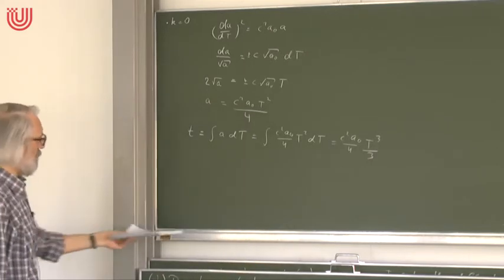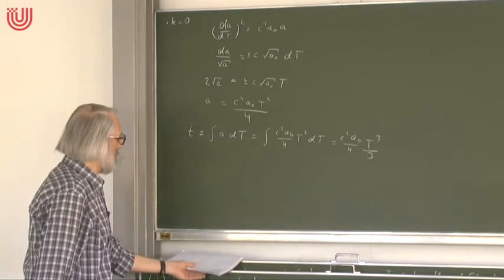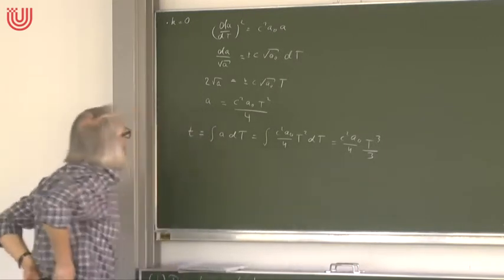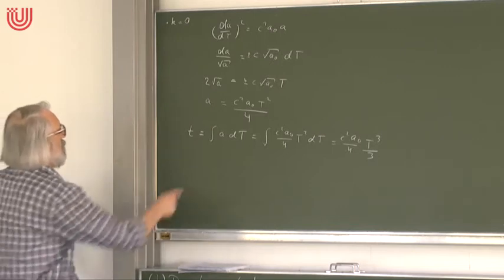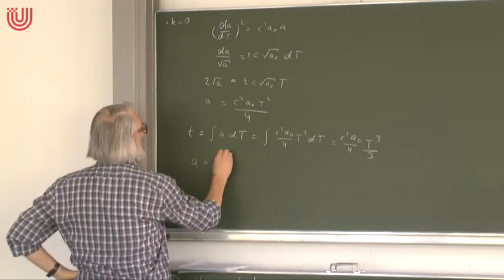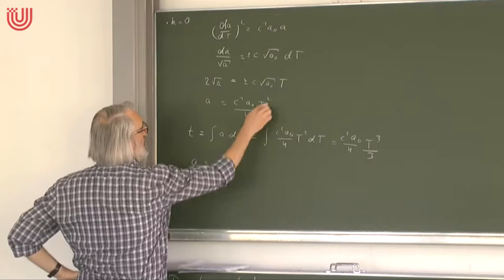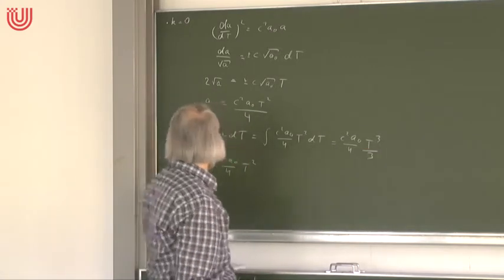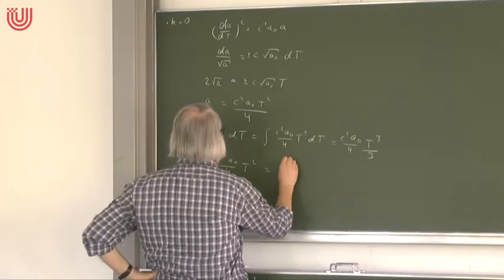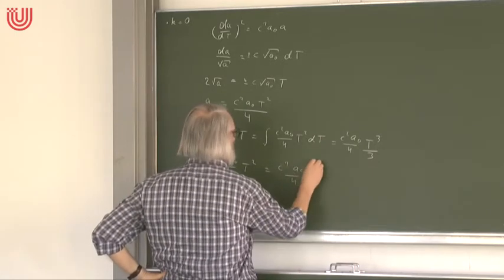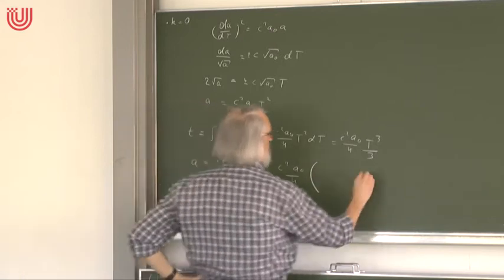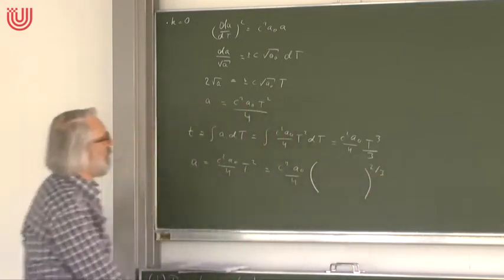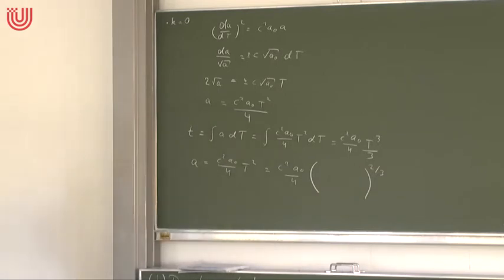And now I can express the scale factor in terms of the little t. I have it here in terms of the capital T. It is c squared a naught over 4 T squared. And for T squared, I can now introduce this expression. So I get c squared a naught over 4. And now something with the power, it is squared. And here I have to take the cubic root.